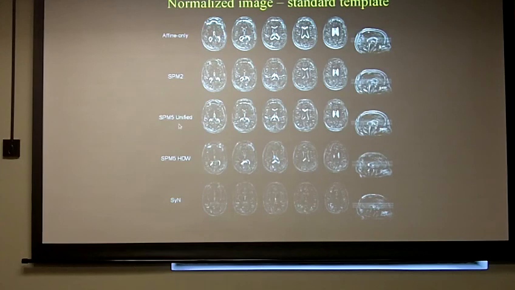SPM5 has this unified segmentation normalization scheme, which combines three spatial preprocessing steps into one: bias correction, spatial normalization, and what is the other one? Segmentation. Thank you, Dan.